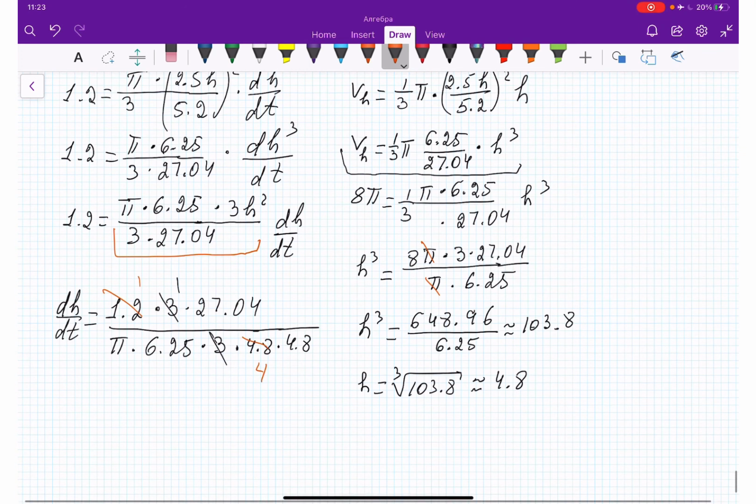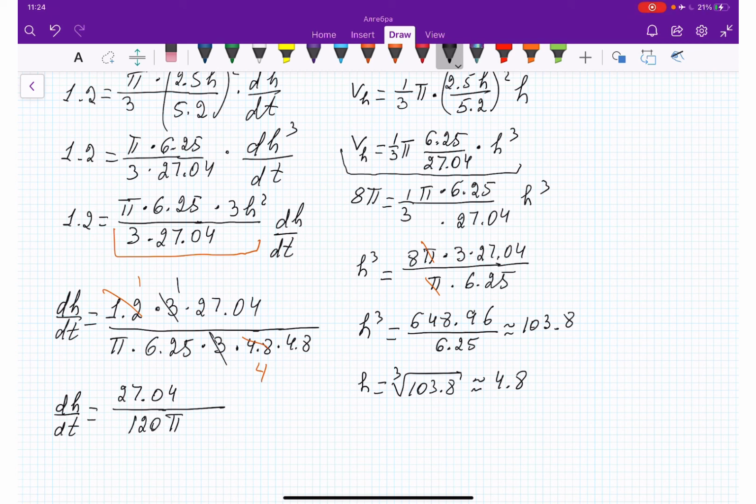And what do we have here? Let's see. dh by dt is going to be equal to 27.04. I'm going to multiply all this. What do I have? 6.25 times 4 times 4.8, and we are getting 120 pi.